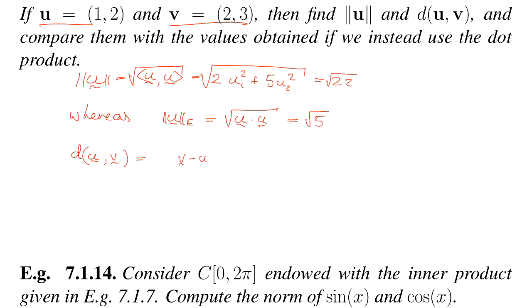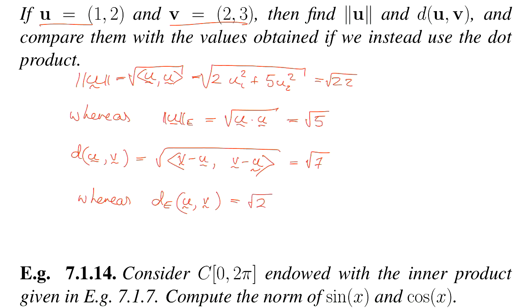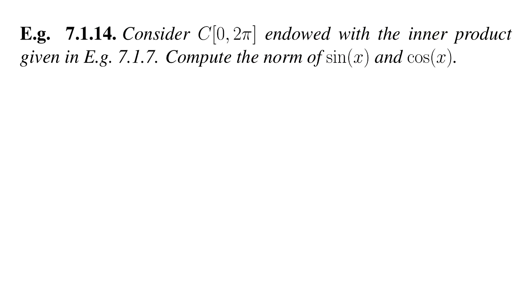So the distance in this inner product space is the length of the difference between this u and this v, and that's square root 7. Whereas if you did it in Euclidean space, you'd get root 2. Okay? So the lengths and the distances depend on how you choose your inner product. They're not properties of vectors just from the vector space.